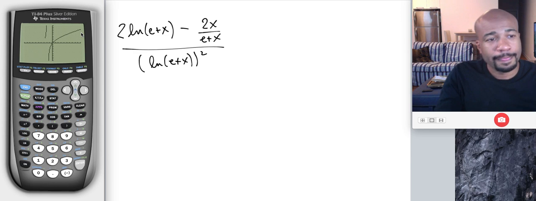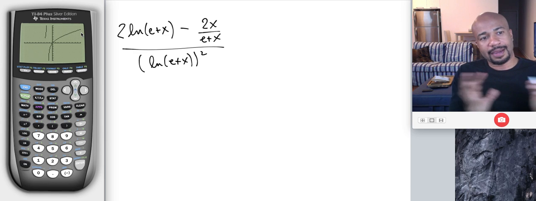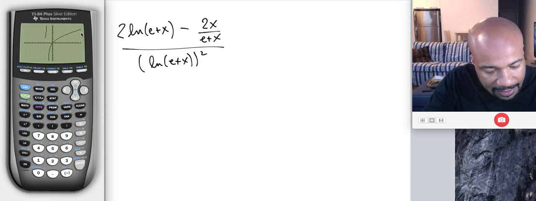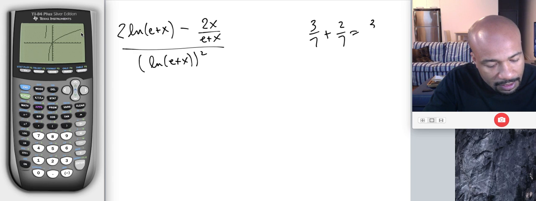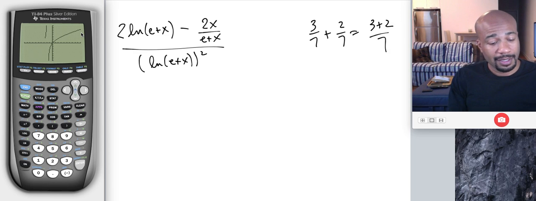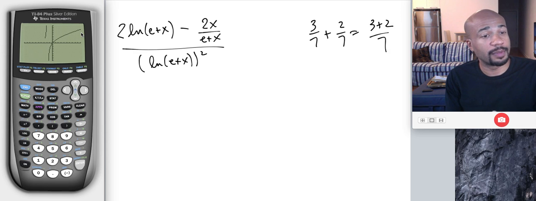All right, so I want you to know that we can break this up as 2 fractions, right? So let's say I have 3/7 plus 2/7. That's the same thing as saying 3 plus 2 over 7. So I can break up the fractions, or I can take 2 fractions and make them into 1, or take the 1 fraction and break it up into 2.